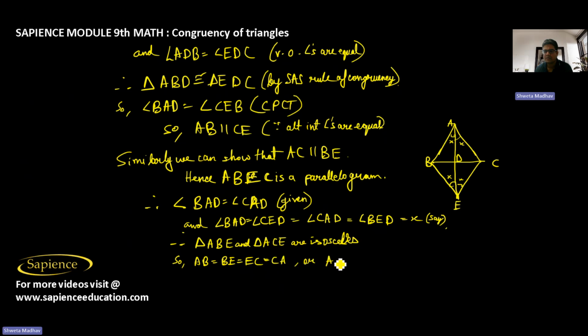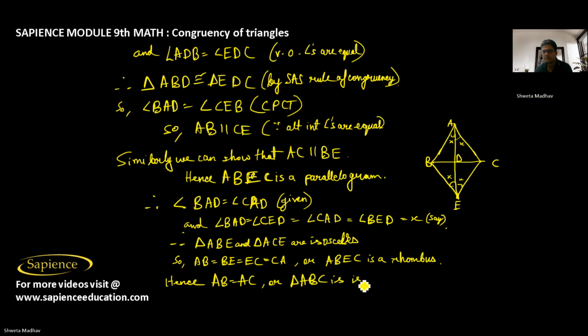Hence I can say ABEC is a rhombus. So hence you can say that AB equal to AC also, or hence I can say that triangle ABC is isosceles. So hence proof.